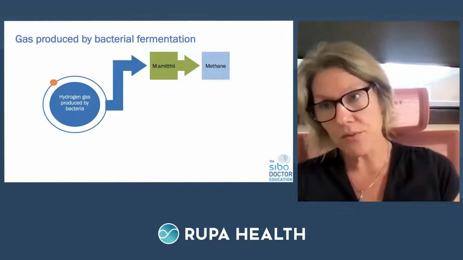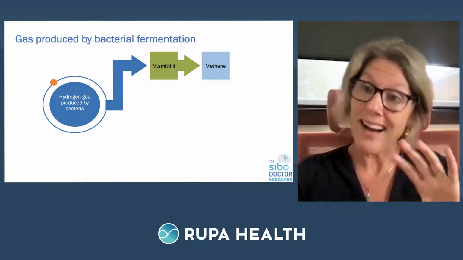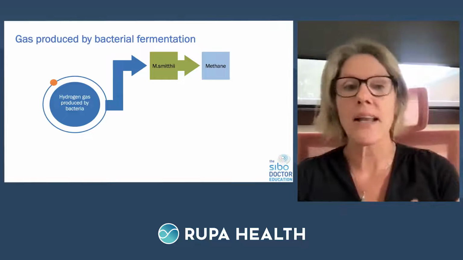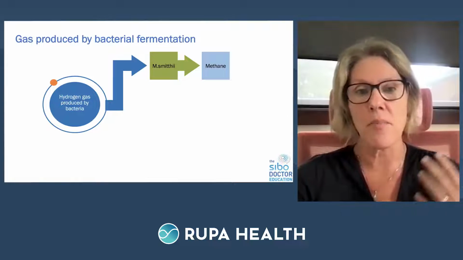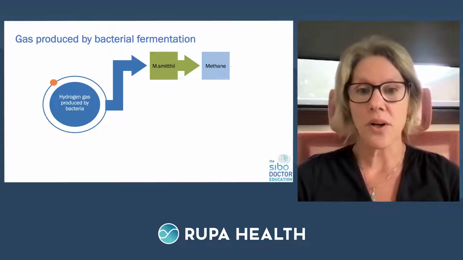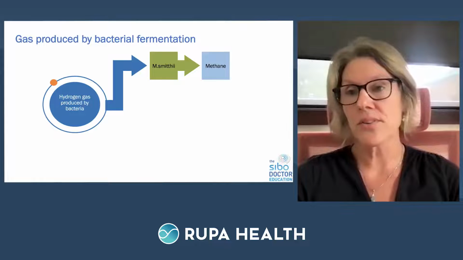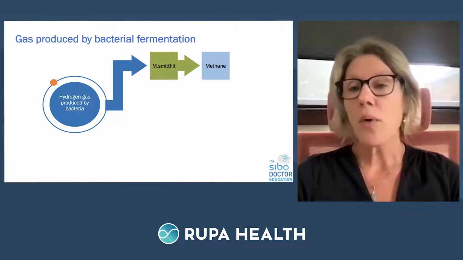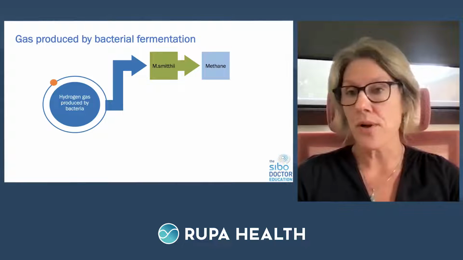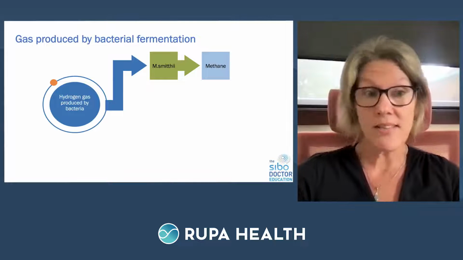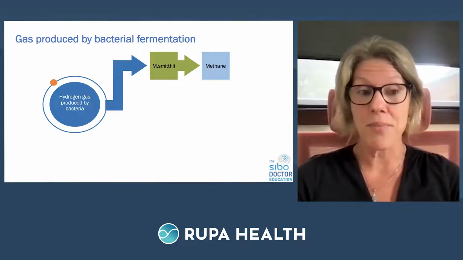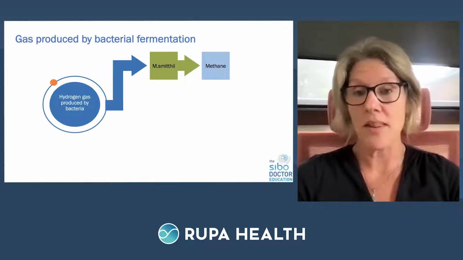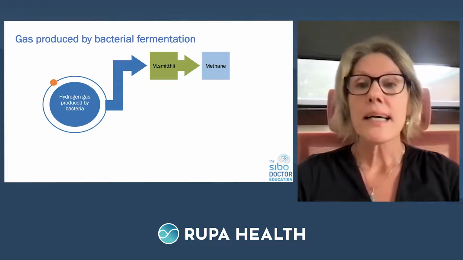There is some newer research that looks at other kinds of organisms that might be providing hydrogen to M. smithii, but for the sake of argument, we're going to talk about hydrogen use by different organisms to produce different gases. We already know that in order to have methane present, you need to also have hydrogen bacteria present, because that's how methane gets produced.